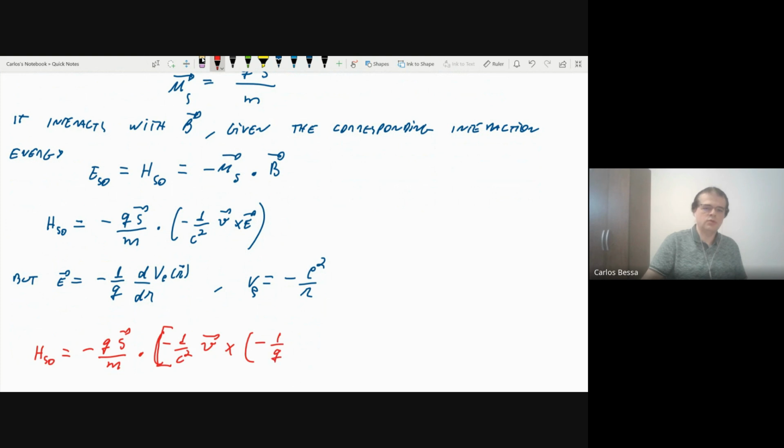Minus 1 over q dV dr, and this is a vector, so I forgot, this is a vector r over r.